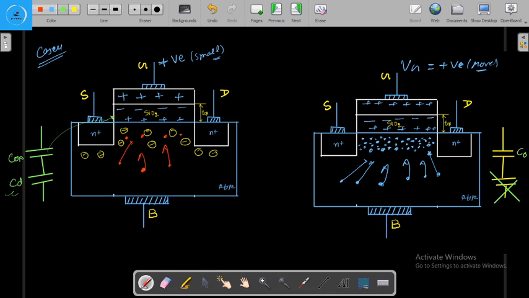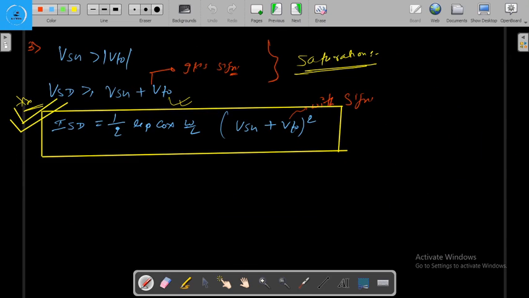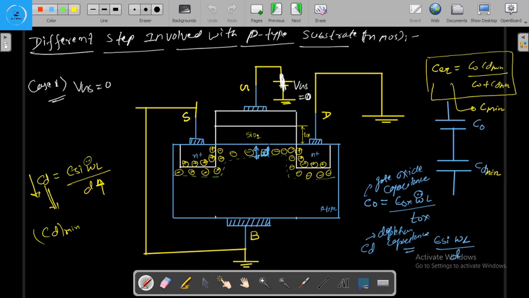Now we are going to name these different regions. Since the gate voltage is equal to 0 and only the depleted region is present near the SiO2 interface, this region is known as the depletion region. In the depletion region the capacitance will be equal to the CD minimum, right?